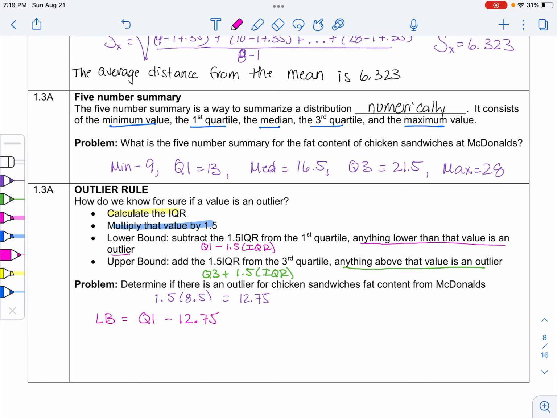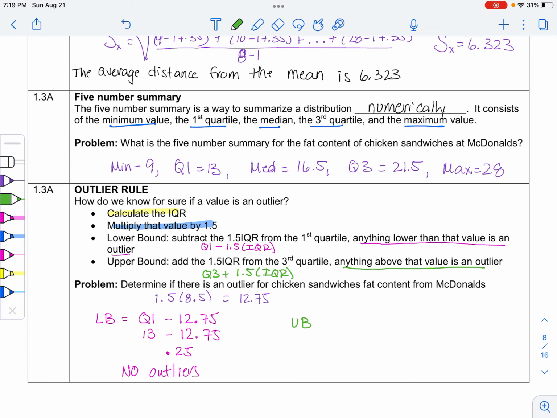If you look at your 5-number summary, our Q1 was 13. When I subtract 12.75, that leaves me with a lower boundary of 0.25. None of my data points are lower than 0.25, so there are no outliers on the low side.